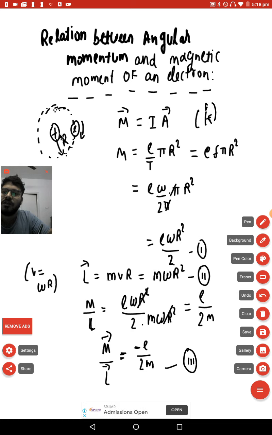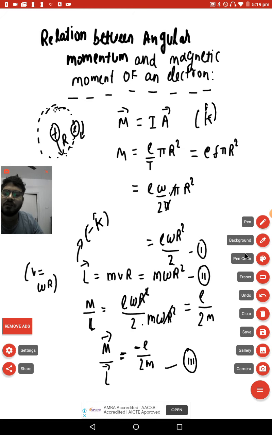Whereas if you look at the L vector, which is your angular momentum vector, then you will just utilize the right hand rule and you will see that since it is clockwise, the L vector is pointing inwards, into the plane of the screen, or in the negative k cap direction. That is why there is a negative sign. So the magnetic moment by angular momentum is coming out to be E by 2m. We consider magnitude, charge upon twice the mass.